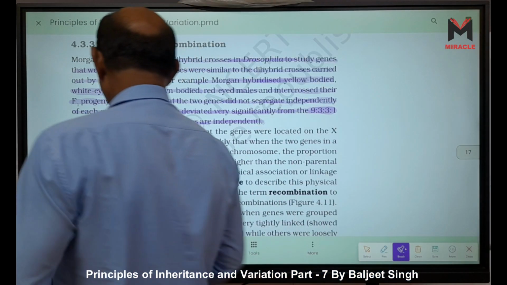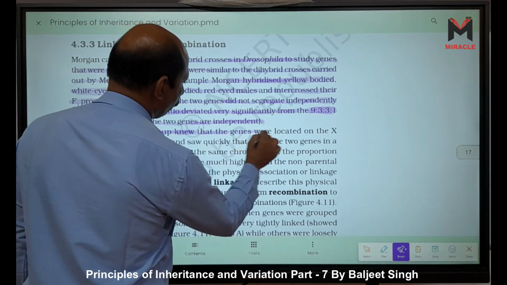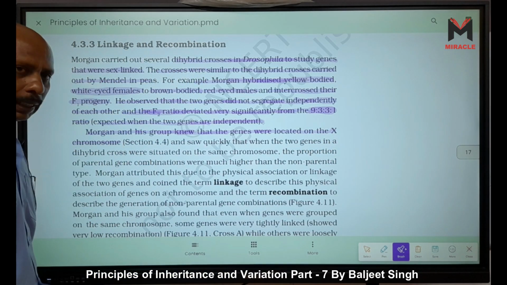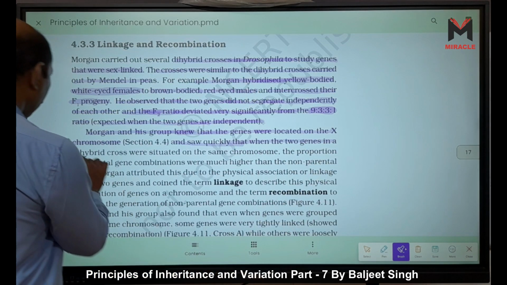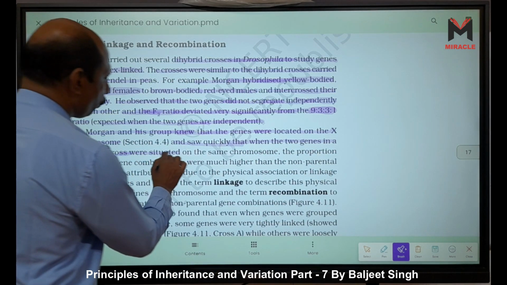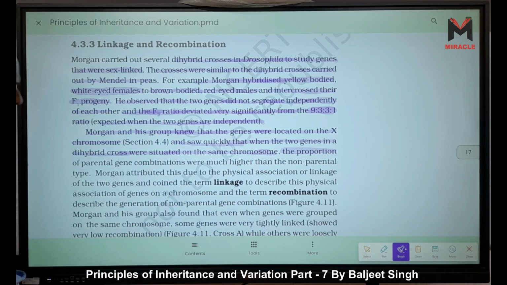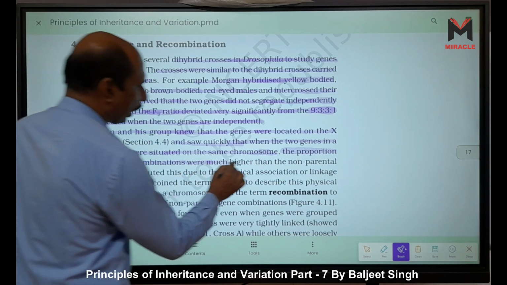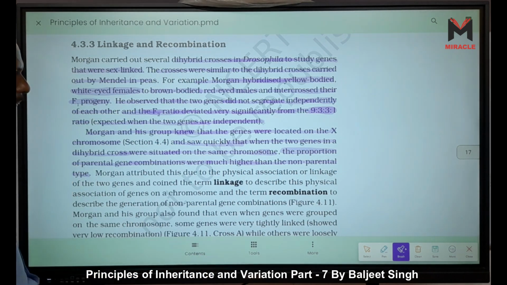Okay, Morgan and his group knew that the genes were located on the X chromosome, and saw quickly that when the two genes in a dihybrid cross were situated on the same chromosome, the proportion of parental gene combinations was much higher than the non-parental type.